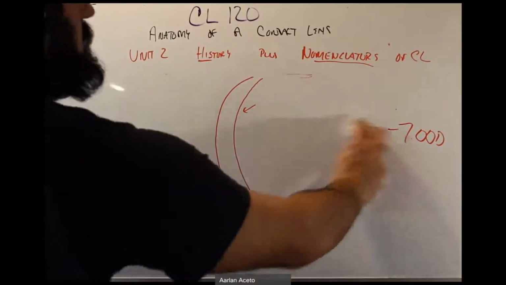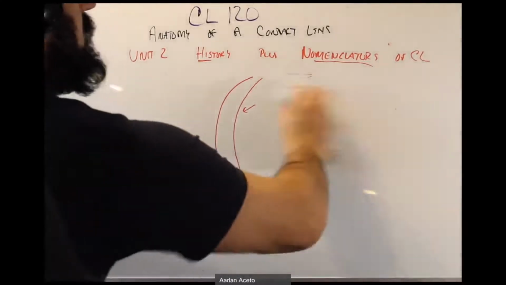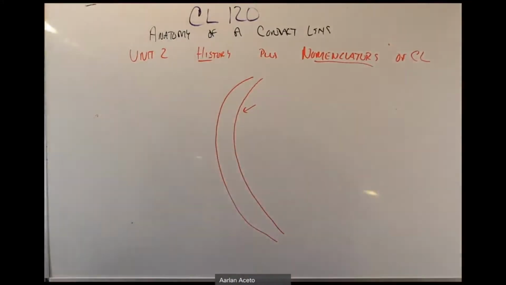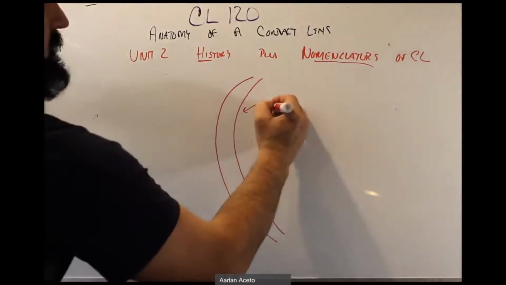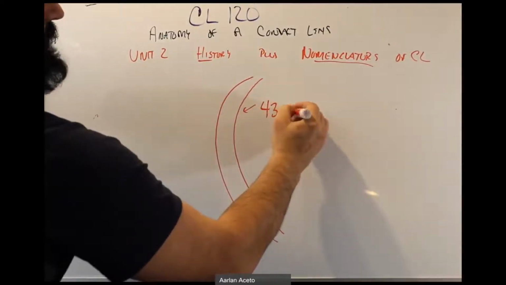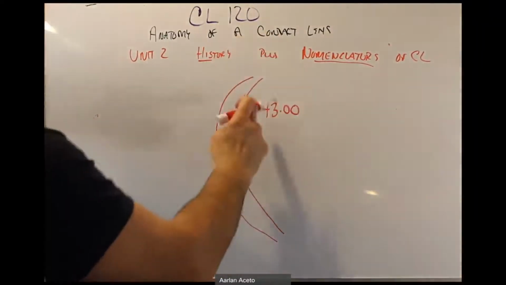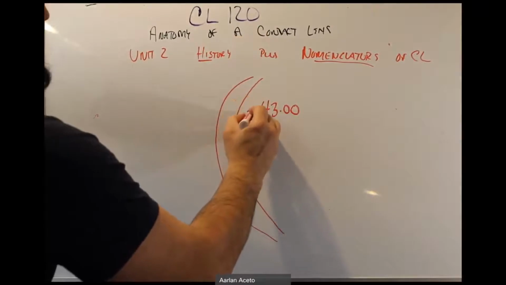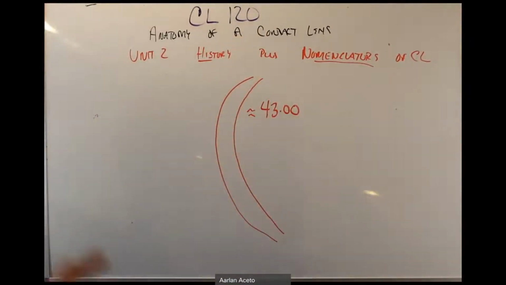The cornea is generally about 65, 66, 70% of that. So most people's corneas are, on average, around 43 diopters, not 8 diopters, but 43. So the numbers we're going to start using, you'll see 41s, 43s, 50s, high 30s, those types of things. The numbers are slightly different, so you have to wrap your mind around that.